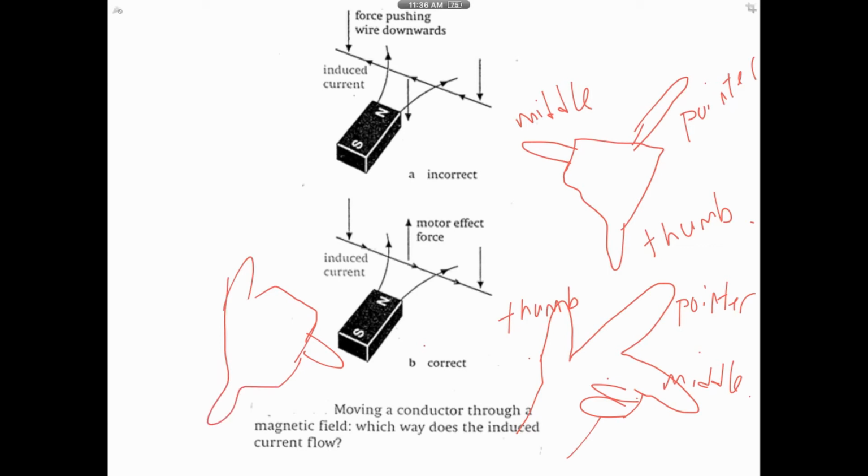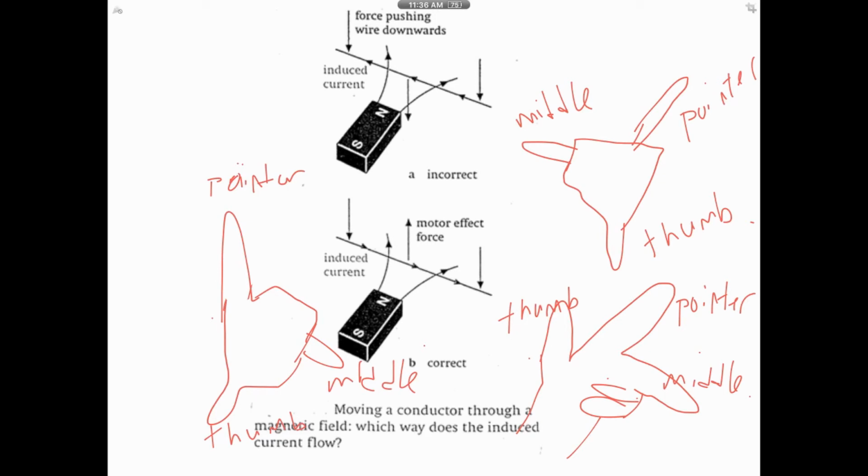Does it look correct? No. Something weird. Like this, then it looks better. Okay. So this is my pointer finger. That's the middle, is it? Then the thumb. This is the middle. And this is my thumb. Okay.